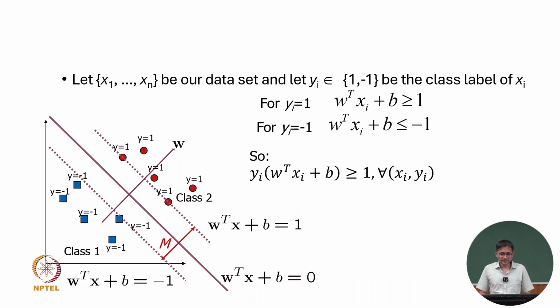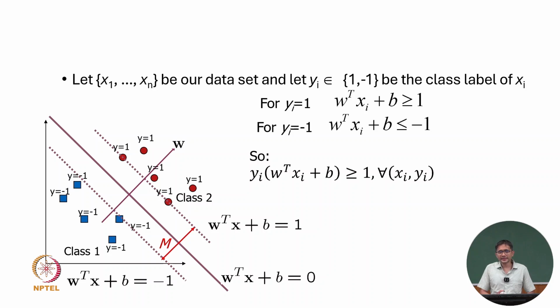Whereas on the other side, if we think about the yi equal to minus 1 case, wtxi plus b is less than or equal to minus 1. If we multiply yi and wtxi plus b, it's again greater than or equal to 1. So no matter what, we are getting yi times wtxi plus b greater than or equal to 1.